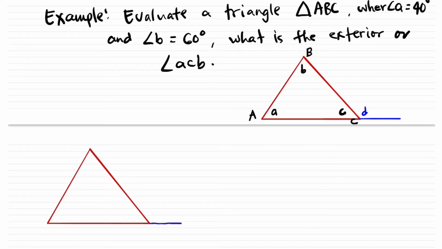A is equal to 40 degrees, B is equal to 60 degrees, and C, and this is D.